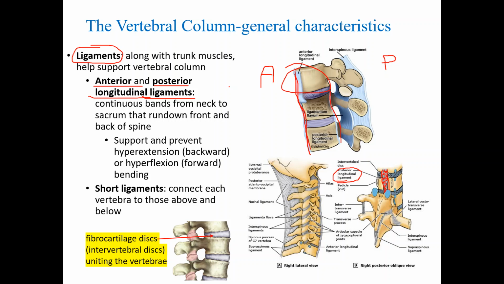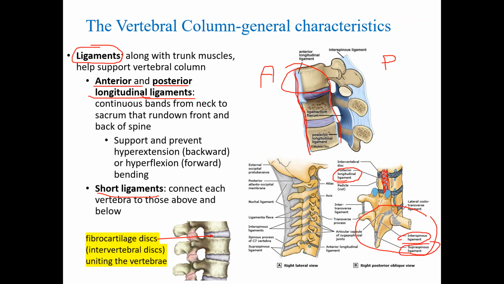Besides these two long ligaments, between vertebrae we can also recognize short ligaments which connect each vertebra to the one above and below. For instance, highlighted in this diagram are the interspinous ligament and the supraspinous ligament.